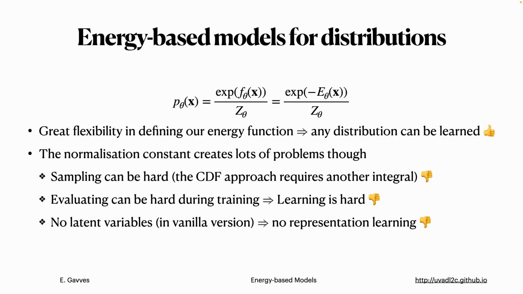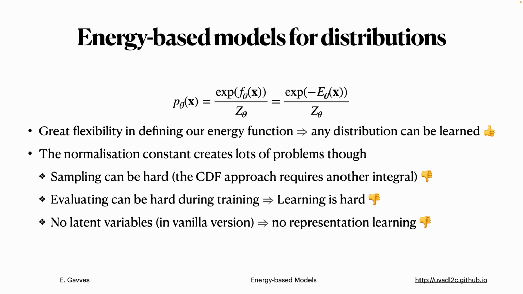Now, because the normalizing constant is an integral, if you have a very weird function, then you can have a very weird integral. That's just intuitive, which means that something can be hard. You can have a general method for sampling, like using cumulative distribution functions. However, this will add one more integral in your process.